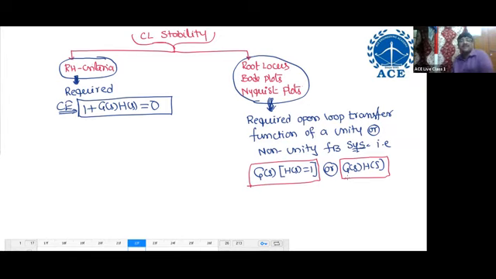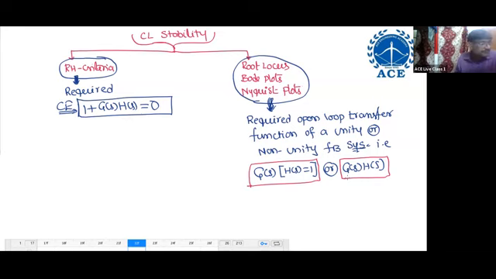I'll explain at the start of the root locus why we cannot draw a Bode plot, root locus or Nyquist plot using the characteristic equation. Okay.